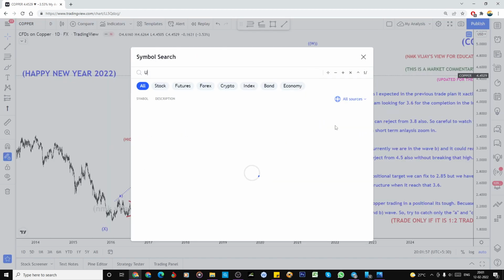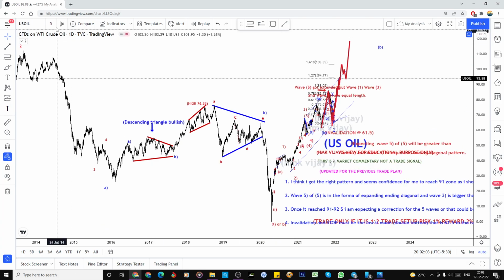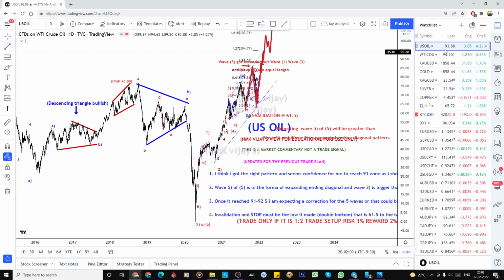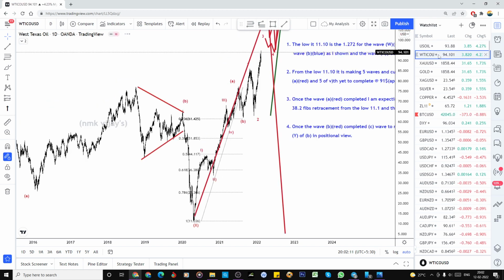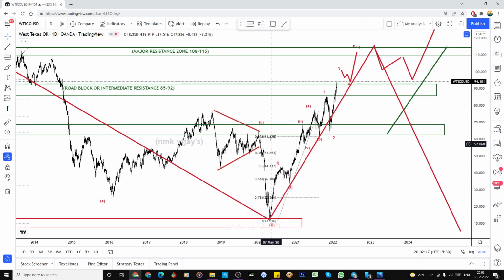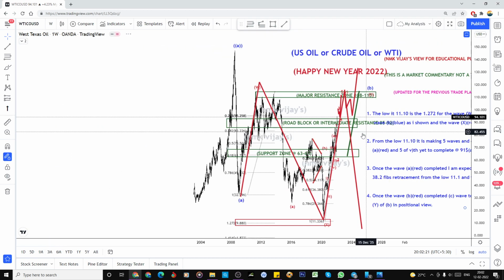So let's move on to the next, US oil. Before that I have to watch the WTI and explain that, because US oil went to 0 and your WTI did not go to 0; it sustained at the previous $11. This is the weekly chart, right?